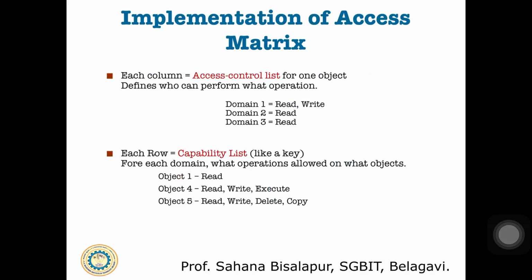Then the process executes this write operation specifying the capability for the particular object as a parameter. Capability parameter in the sense you are going to use the file name as the parameter, and on that particular file name you want to perform the write operation. So this is nothing but the capability list.